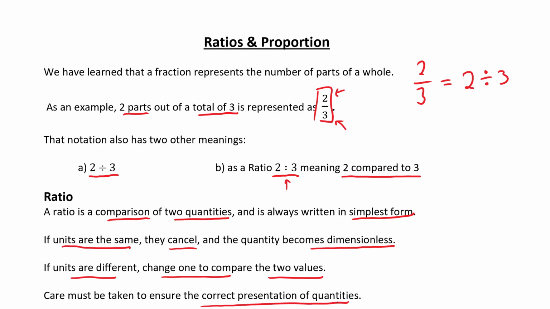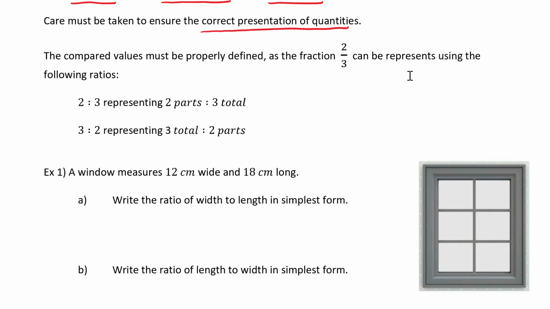For instance, written as such, the 2 over the 3, we know the 2 is the numerator and the 3 is the denominator. 2 is the parts and 3 is the whole. When you're dealing with a ratio, however, you cannot assume that. You have to define which each of those values are. So as an example, here is that fraction we had, 2 over 3. We can represent it as a ratio of 2 compared to 3 or 3 compared to 2.